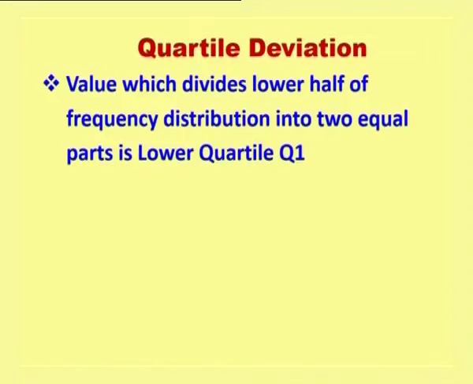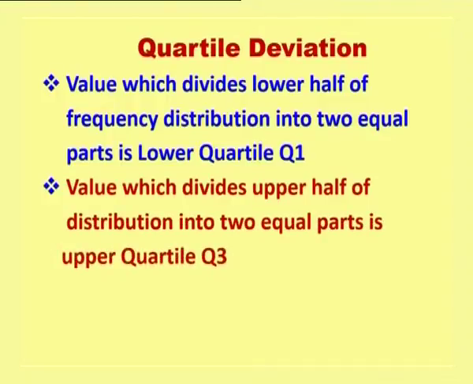And now, let us define the quartile deviation. The value which divides the lower half of the frequency distribution into 2 equal parts is called the lower quartile. That means, suppose we have a frequency distribution and we are dividing that into 4 equal parts, first, second, third and fourth, and the point which divides the first half into 2 equal portions is called the first quartile or Q1.